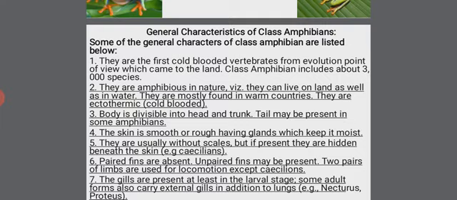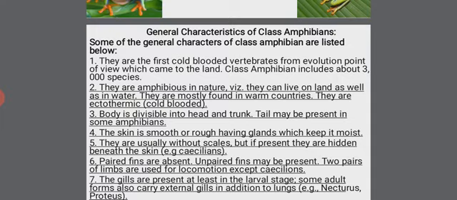Gills are present as respiratory organs, at least in the larval stages, and some adult forms also carry external gills in addition to lungs. So it is very clear that the larval forms of amphibians are aquatic, whereas the adults are terrestrial.